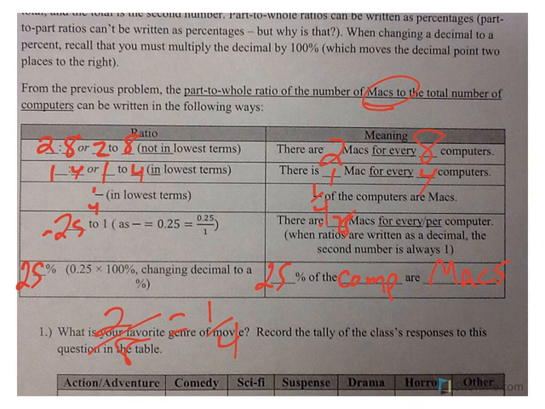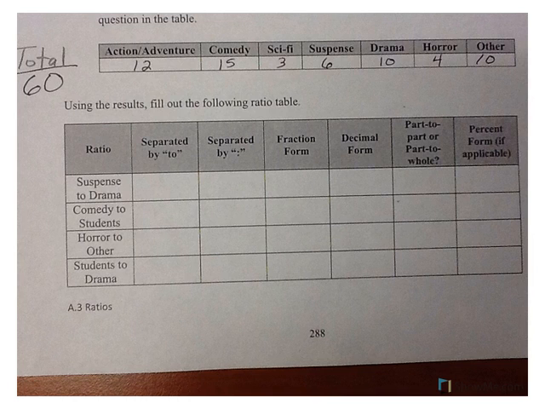You can only use percents when you are talking part to whole. So notice, part to whole is when we can use percent. And I would say that's probably the most efficient way to talk about things when you're going part to whole. It's easy to say, 30% of your total grade comes from this test or whatever. Part to whole, percent is the easiest way to think about it.